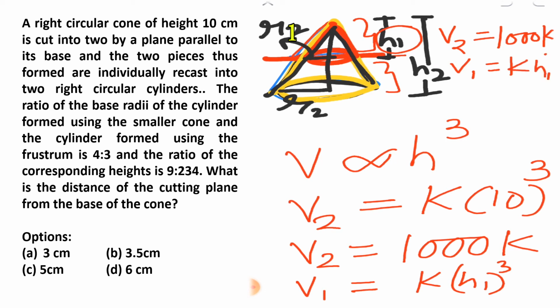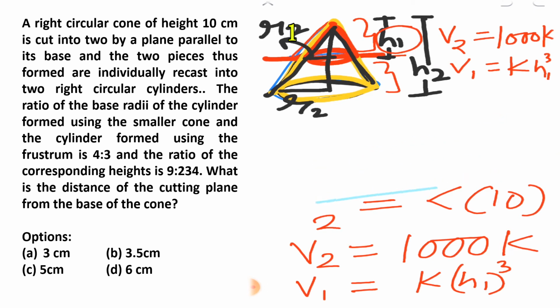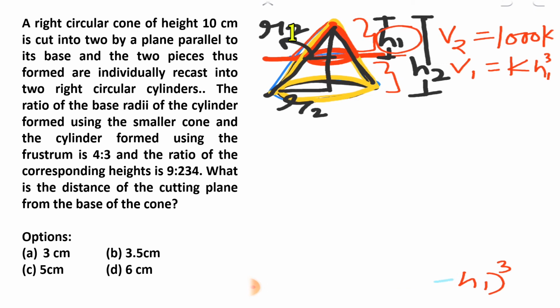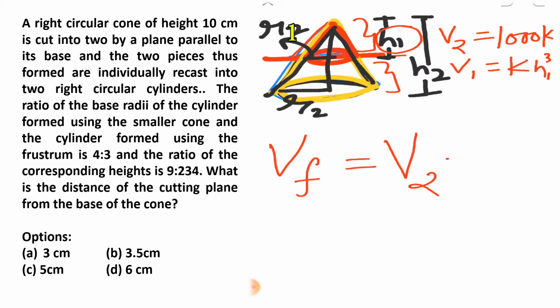Now this is what we have understood till now, and when we want to find out the volume of the first frustum, things become very easy for us. How can we find the volume of the first frustum? The volume of the first frustum is equal to the volume of the original cone minus the volume of the smaller cone.